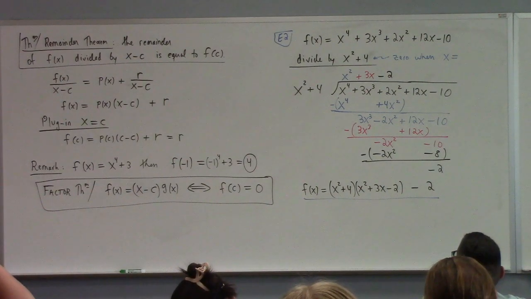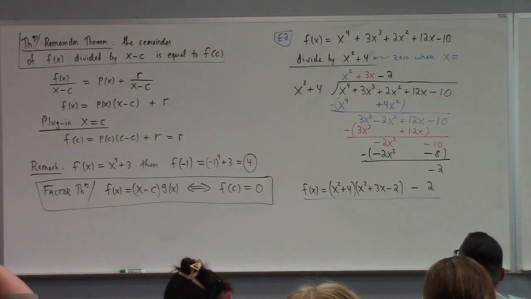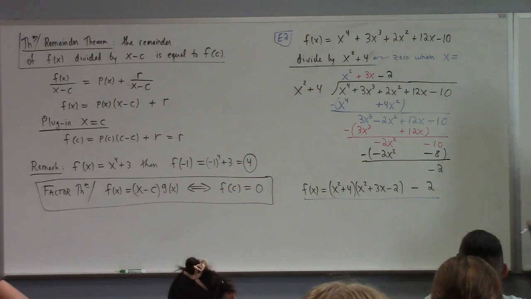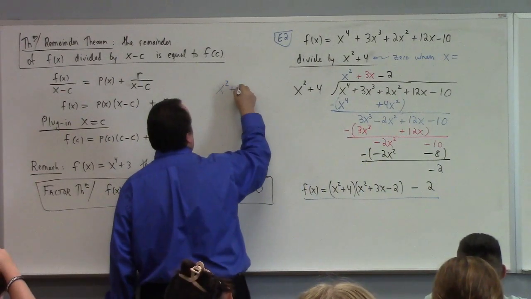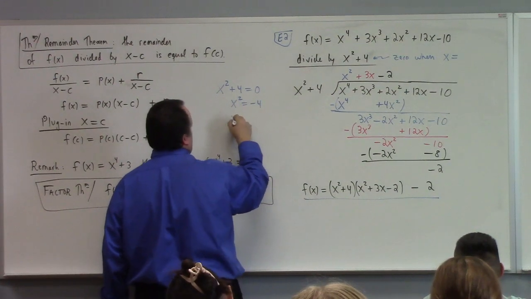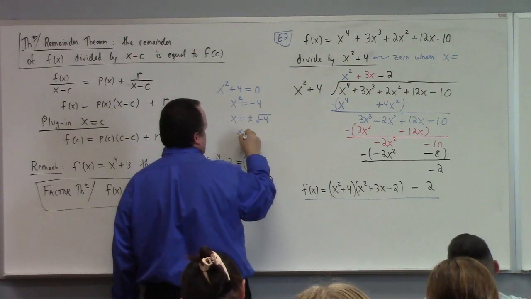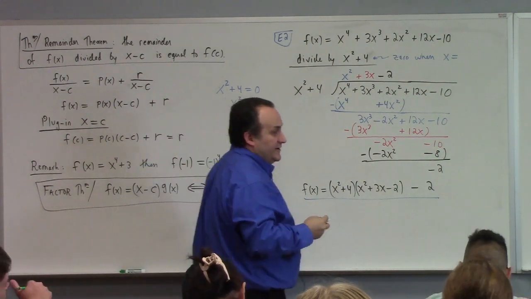If we said x squared plus 4 equals 0, that gives us x squared is minus 4, which gives us x is plus or minus the square root of minus 4. In other words, plus or minus 2i. Plus or minus 2i are the zeros.